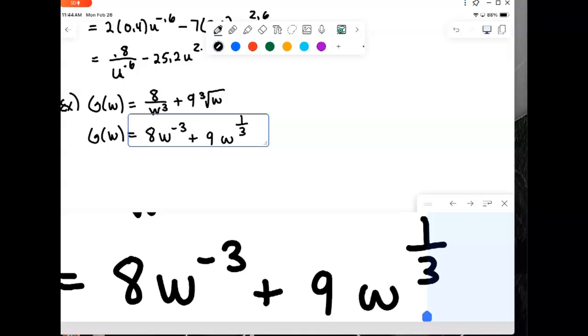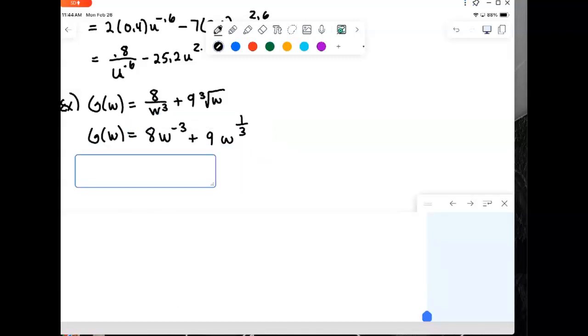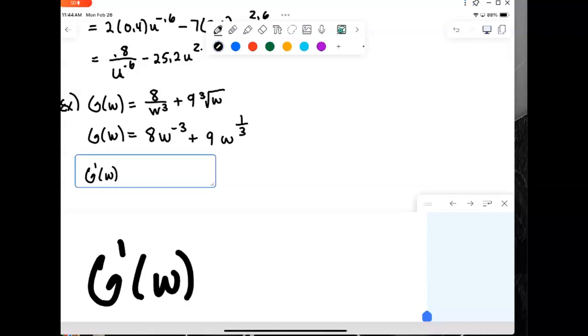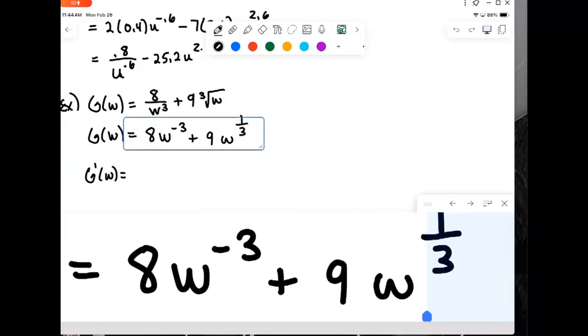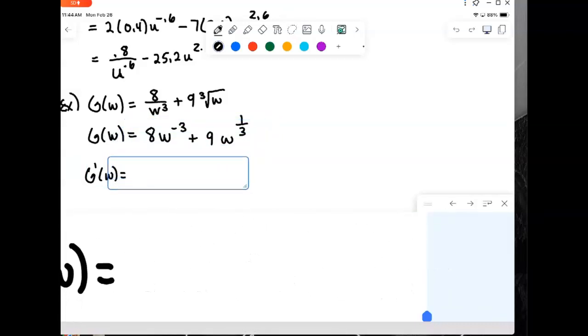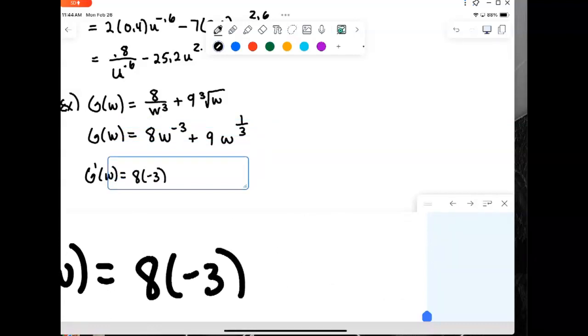Okay, so now I have done the work that I need to do to take the derivative. So now we go ahead and we do just that. G prime, with respect to the variable. So for the first one there, I would multiply by the exponent, the minus 3 times the 8, and then drop it by 1.